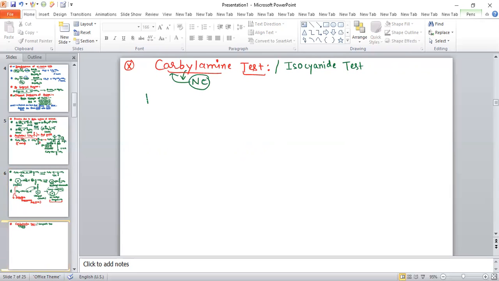In the carbylamine test, there is a reaction of an amine with chloroform in the presence of alcoholic KOH.